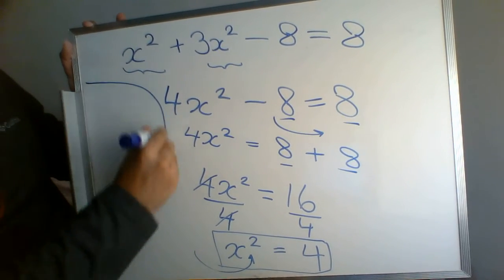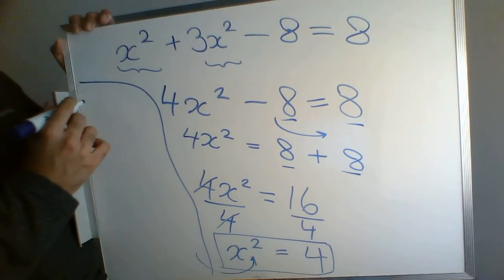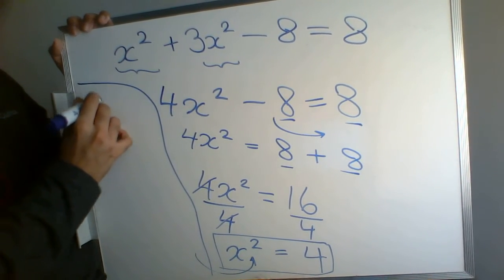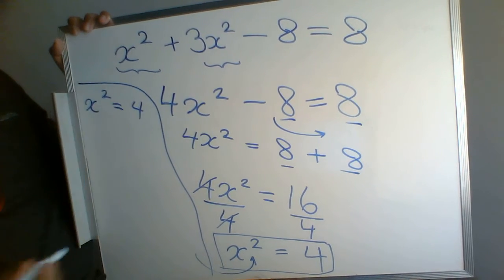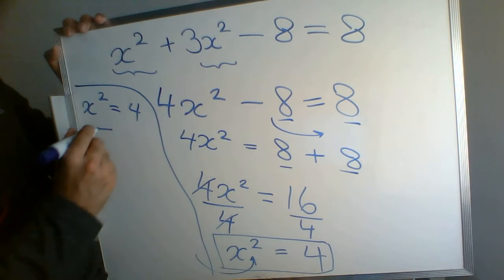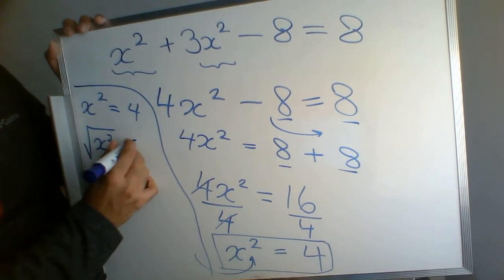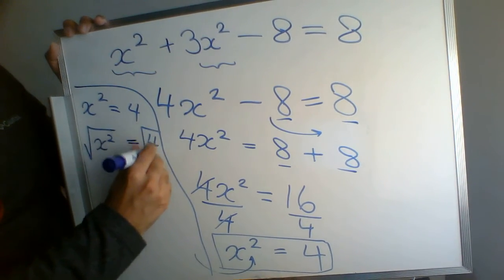Yeah, I'll just throw it over here. All right, we're continuing this question over here. So we know x squared is equal to 4, but I don't want x squared, I want x. In order to get x, I'm going to have to take the square root of the left side, so that's going to be the square root of x squared is equal to the square root of 4.